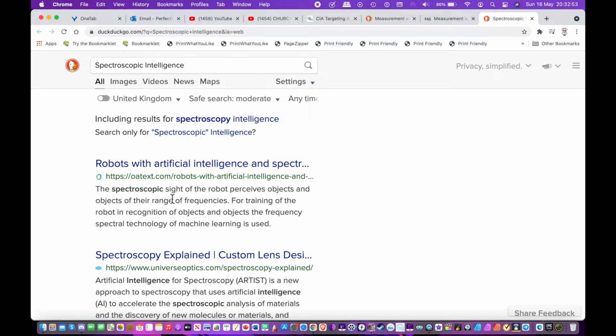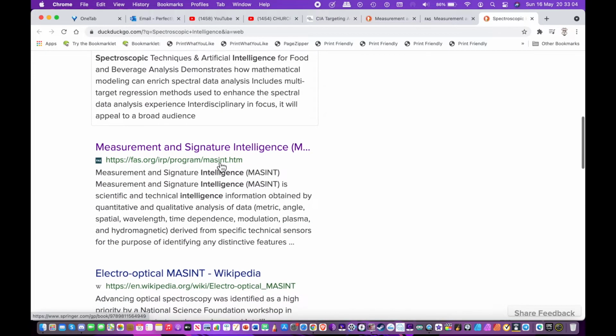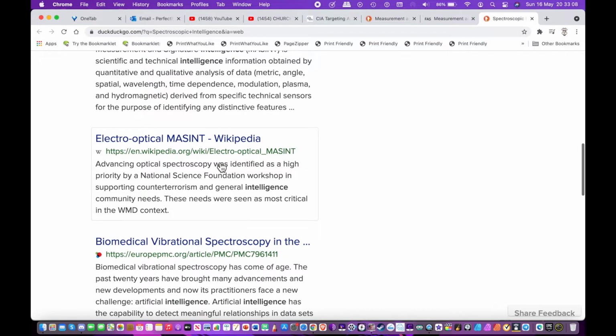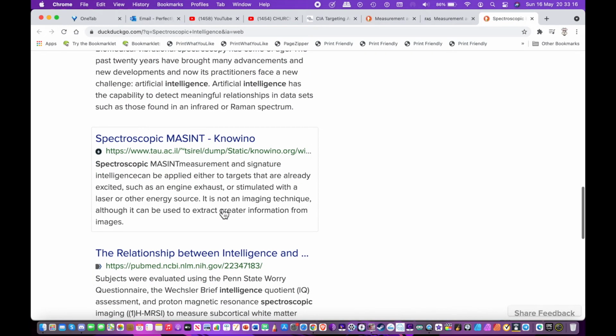Robots with artificial intelligence, site of robot. Are these robotics then? Okay. Electro-optic. Biomedical vibrations. Bloody hell. Okay.